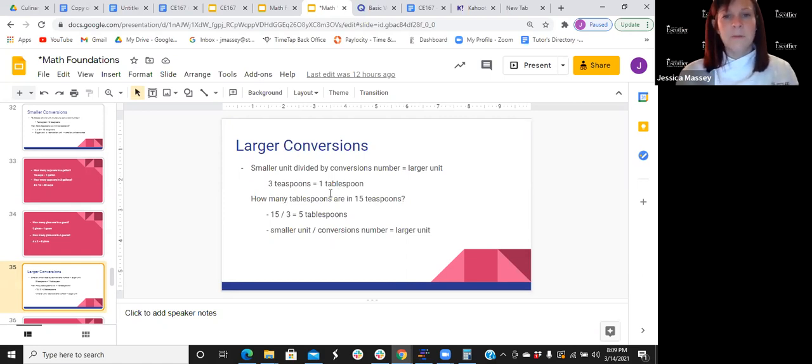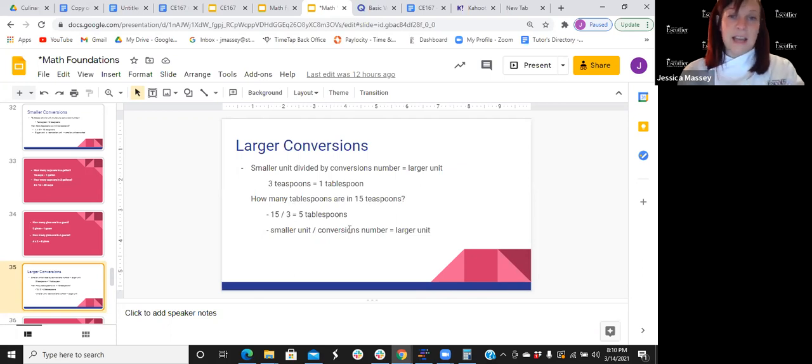So how many tablespoons are in 15 teaspoons? We know there's 3 to 1 as a ratio. So you would take your 15 teaspoons and divide it by your 3, because there's 3 for each tablespoon. And that would give you 5 tablespoons.